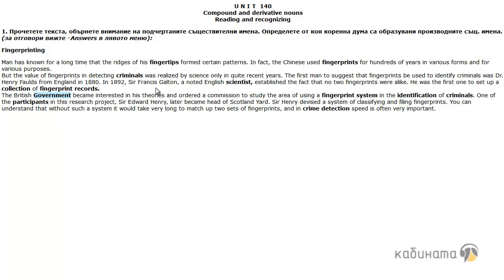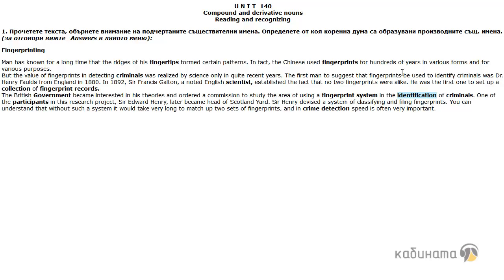Also, government. So it comes from the verb to govern, and we add ment, government. Identification.